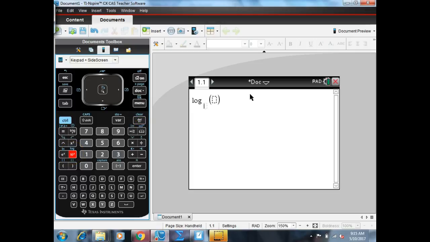Now, on the Inspire calculators, you can type it in right as is. It's one of the neat things about the Inspire calculators. And it goes right there.